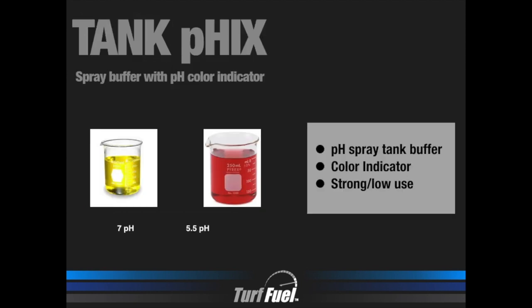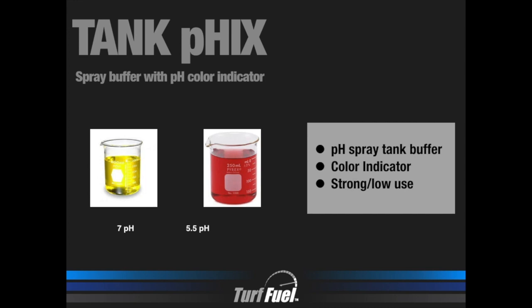Tank Fix. When your pH is higher than 7.5, you're better off to use an acidifier first and drive that pH down before adding an adjuvant. This way you spend pennies and not dollars. So if you're above 7.5, use Tank Fix to drive your pH down. You don't need an indicator, you don't need litmus paper. All you need is eyesight.